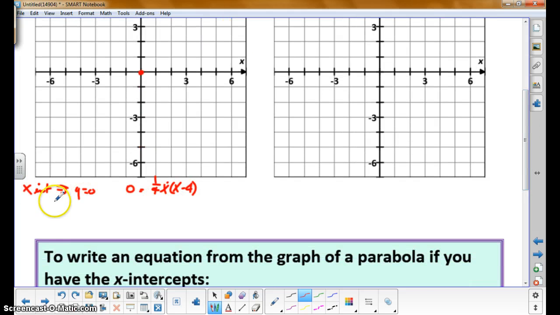Okay, so the x-intercepts are where y is equal to 0, and you have either x is equal to 0 or x minus 4 is equal to 0. So x is 0 or x is 4. Our two x-intercepts are 0, 0 and 4, 0.